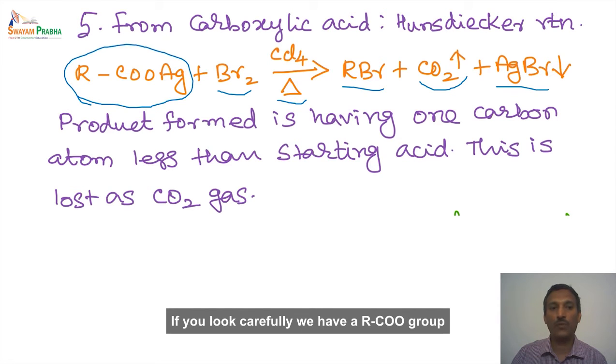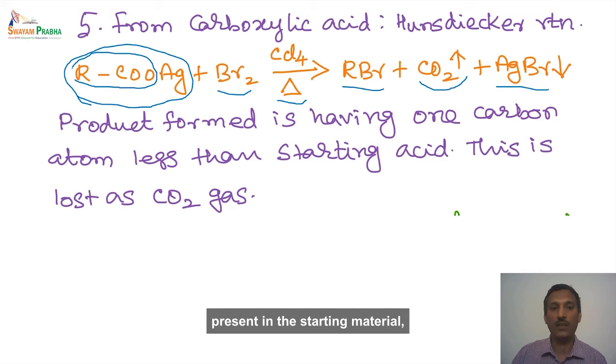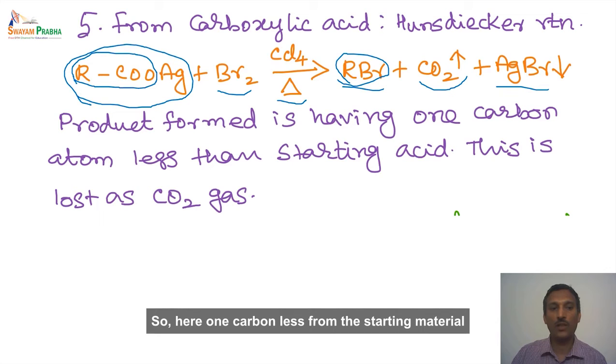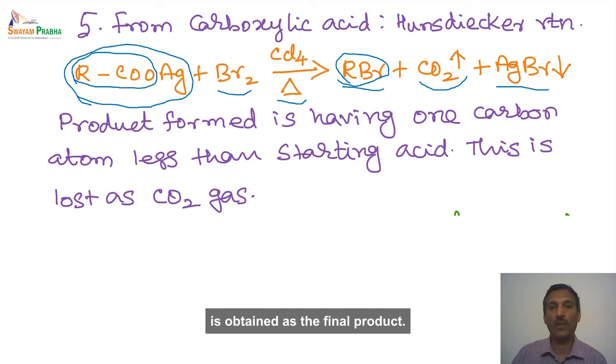If you look carefully, we have an RCOO group in the starting material, and in the final product we have only RBr. So one carbon less than the starting material is obtained in the final product. For example, if the carboxylic acid has 4 carbons, the product obtained will have only 3 carbons.